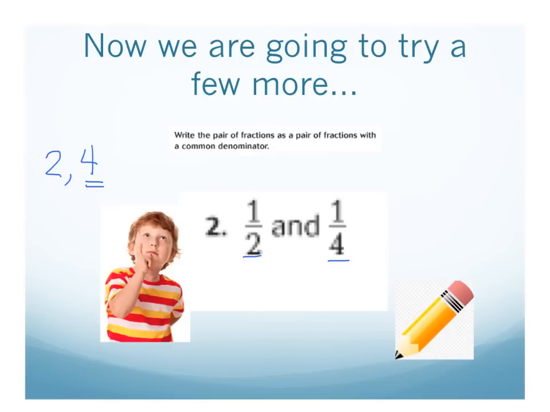Wait a minute, this is a 4. So I can keep 1/4. And I'm going to change this one into 4s. 4 times 2 is 4. So 1 times 2 is 2. 2/4 and 1/4.